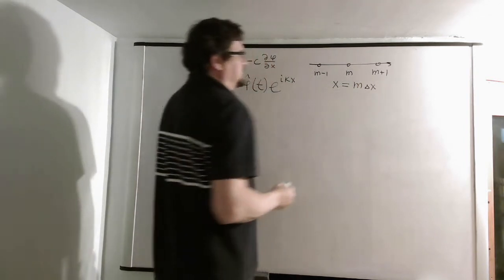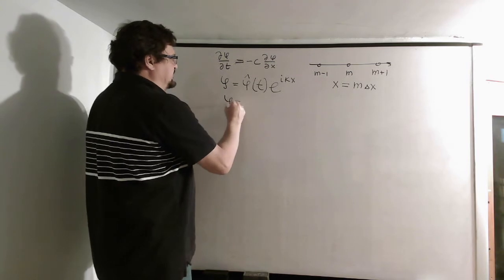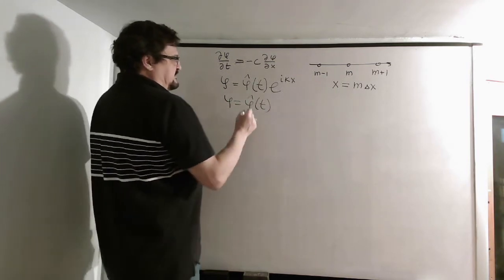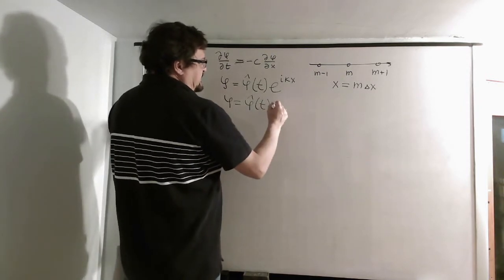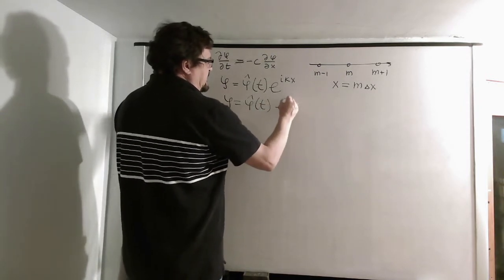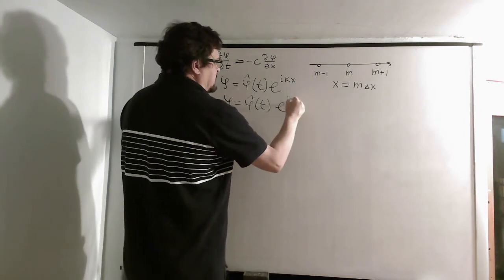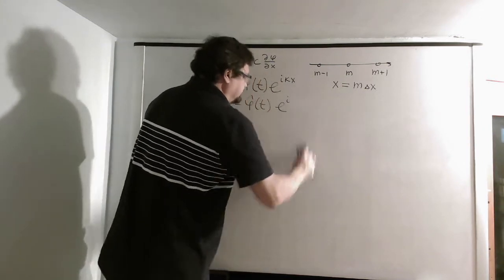We assume that delta x is constant. So then we have a solution that we're looking for in the form of some amplitude as a function of time, but here we have e^(ikm delta x).